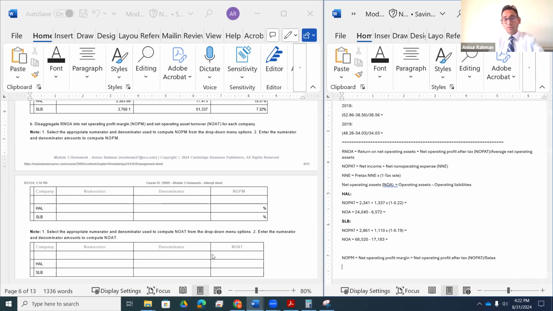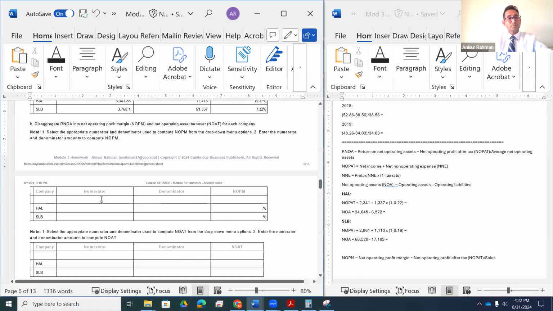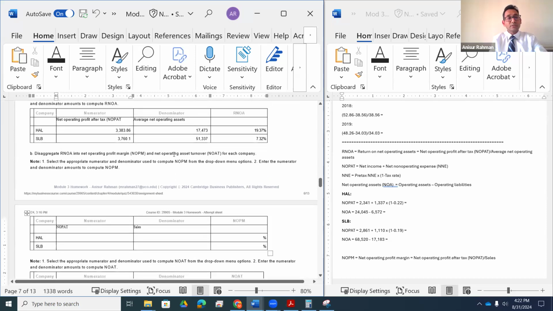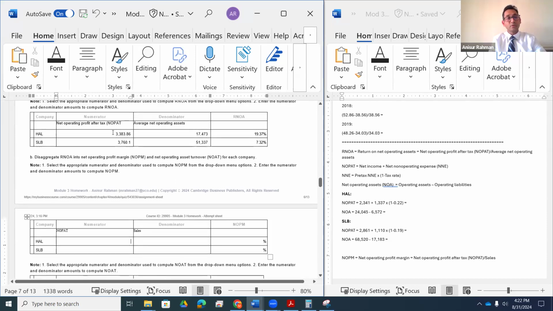So we'll write down NOPAT here, and here, sales. We already calculated NOPAT, so we are going to copy paste these numbers.